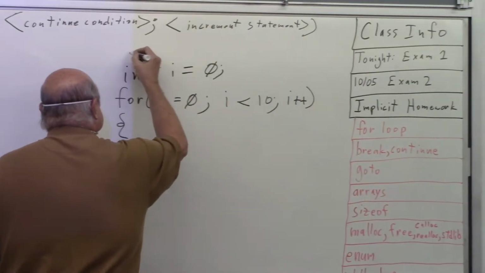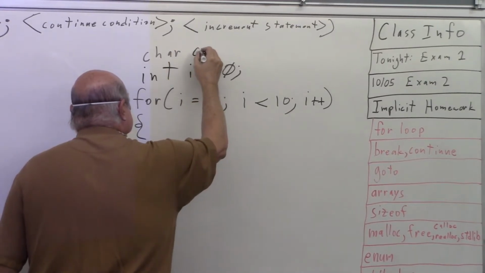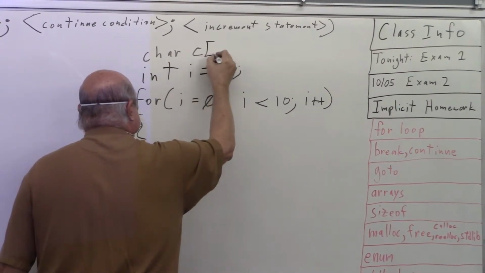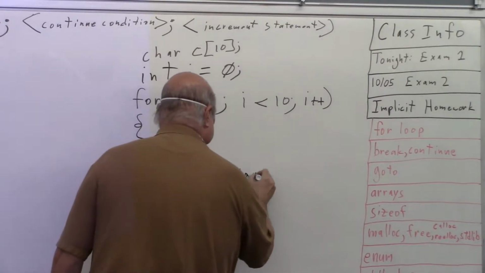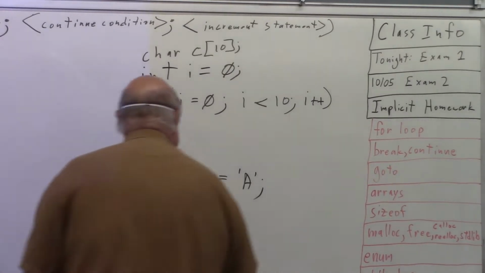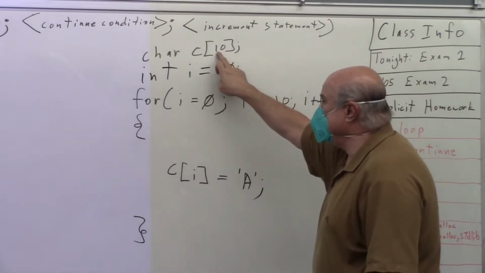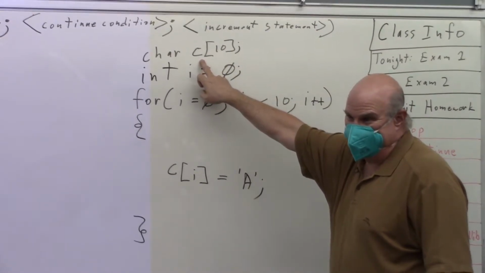So let's suppose you had declared a C array up here. That code would simply initialize all entries to 10. If this array has 10 entries, what are the valid indexes of the array C?